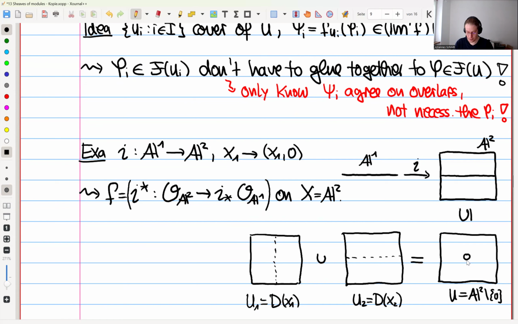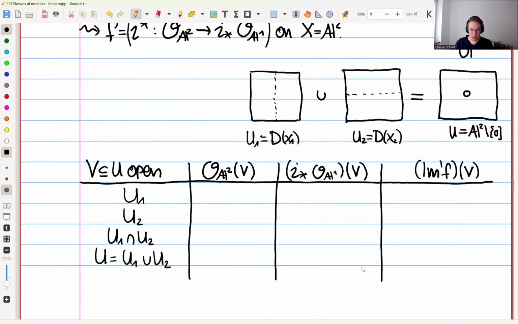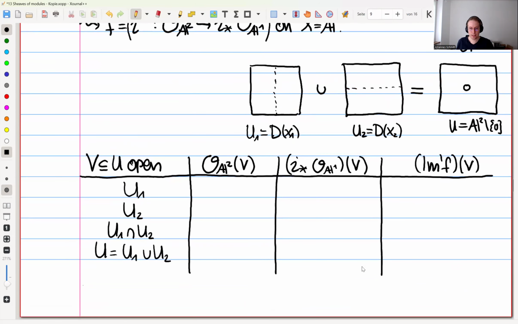This has this standard cover that we looked at many times by these two distinguished open sets where either of the two coordinates is not allowed to be 0. So what we need to do to conclude here is find what the sections of the image presheaf are on these different sets. Let's try to fill out this table.